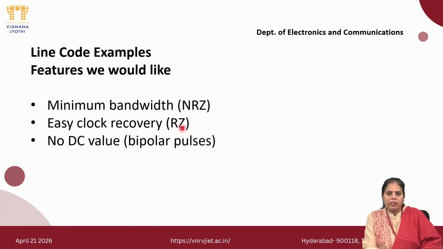Whereas if the interest is to have an easy clock recovery or good synchronization to be maintained at the receiver, then the return to 0 formatting is preferred. And sometimes, if we wish to transmit the binary pulses with no DC component because the channel does not support the DC value, then it is preferable to transmit the pulses in the bipolar form. So these are some of the features we are looking into in different line coding formats.